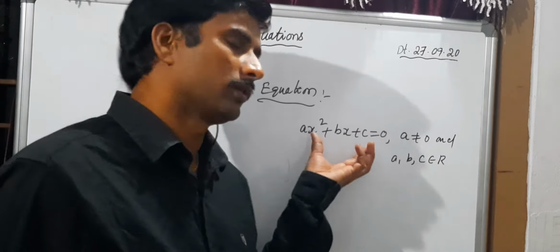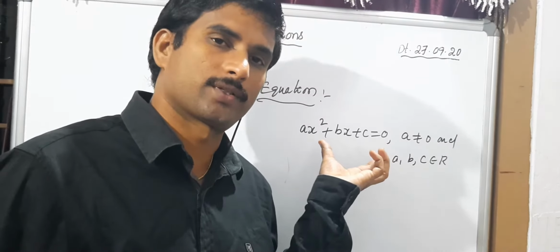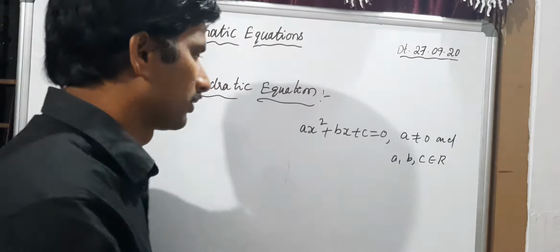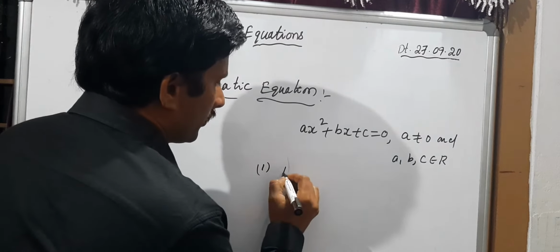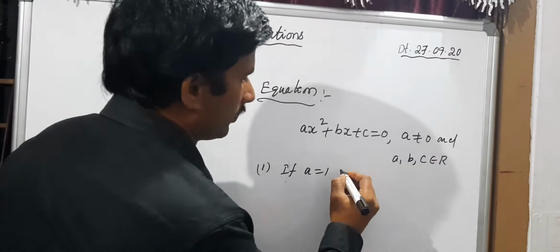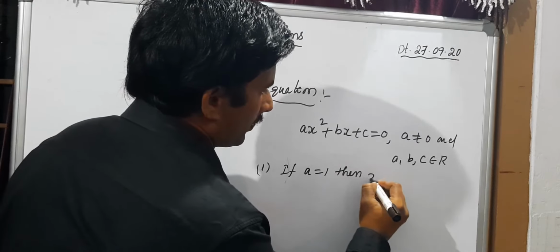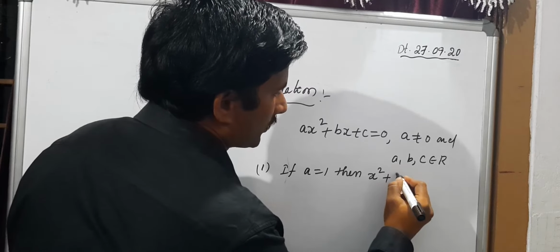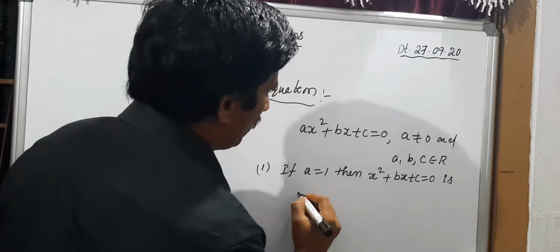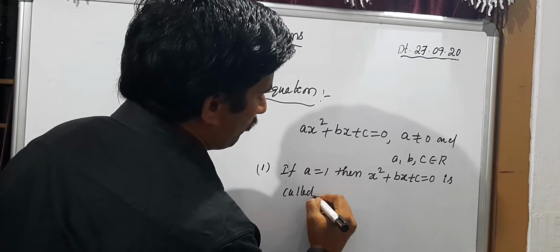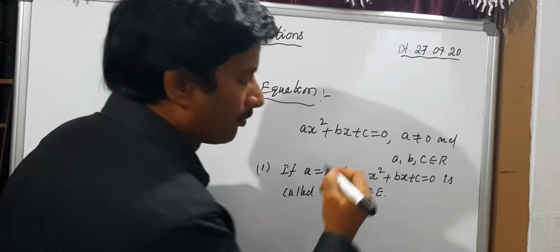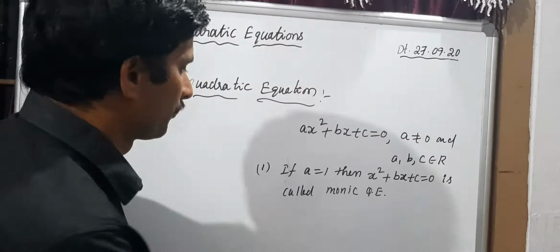Now, the types of equations. In this quadratic equation, if the x square coefficient is 1, that is if a equal to 1, then the equation of the form x square plus bx plus c equal to 0 is called a monic quadratic equation.